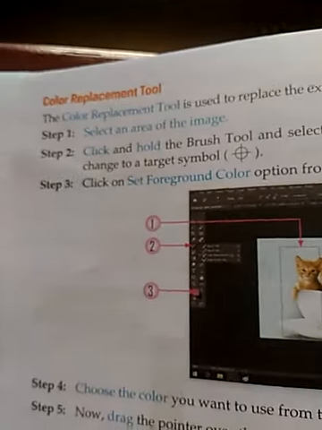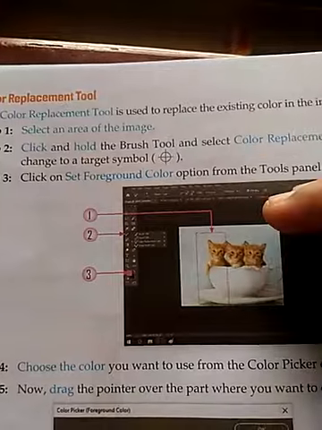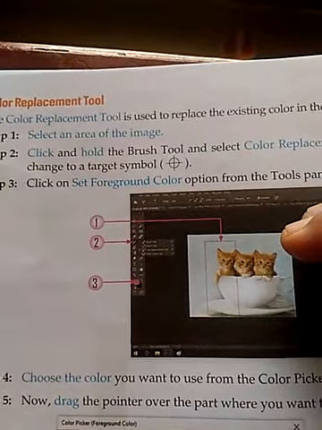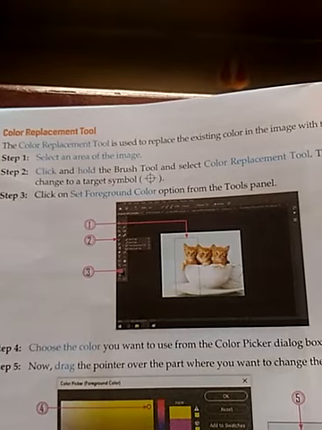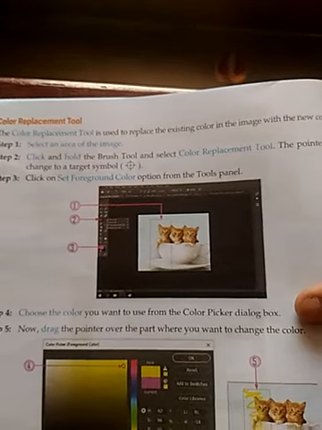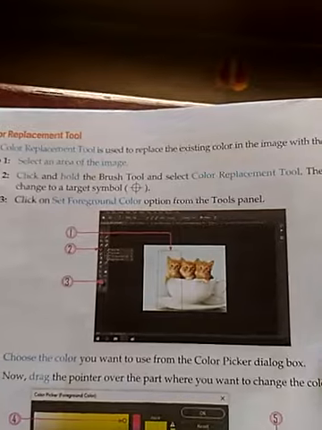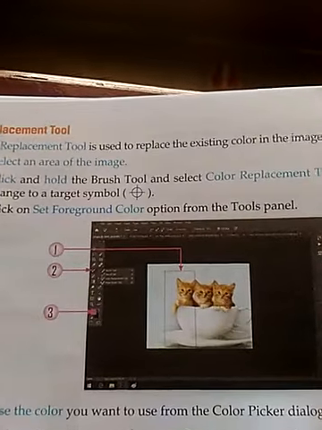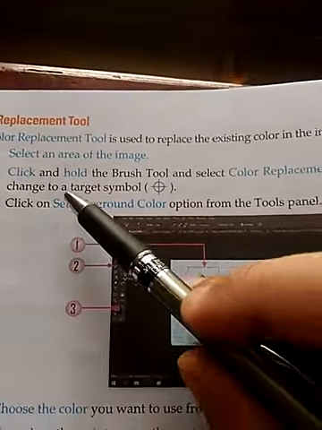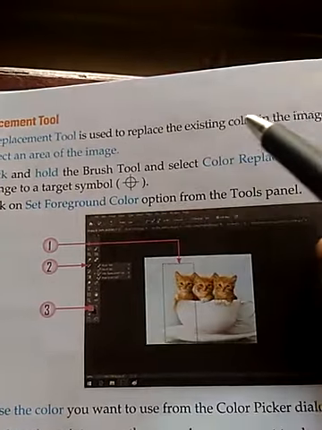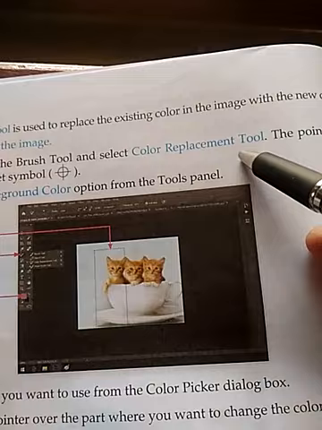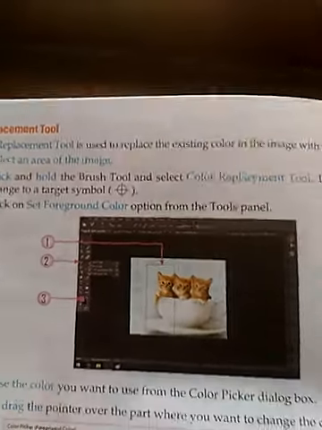Now, color replacement tool. Color replacement tool is used to replace the existing color in the image with the new color which you want to apply. Just click and hold the brush tool and select the color replacement option here.